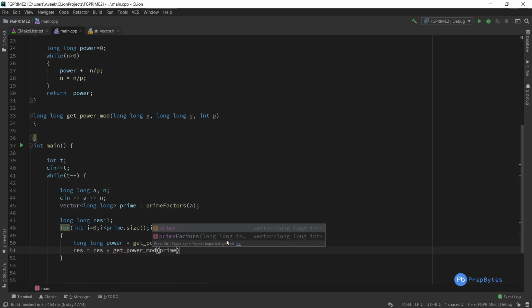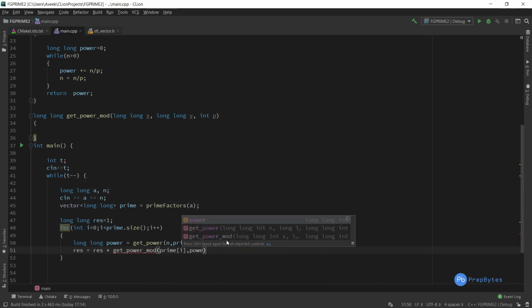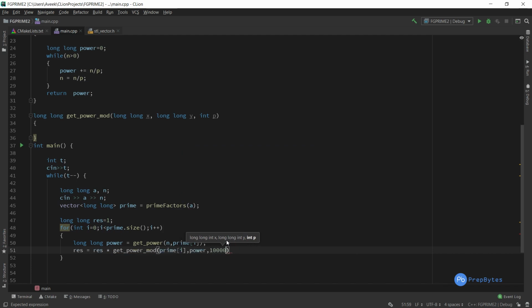So whatever the prime value was, to the power of what we have calculated, with the mod value, that is 10 to the power of 9 plus 7, so 1000000007. We are going to mod whatever the multiplication is with 10 to the power 9 plus 7 as well. And finally we are going to print the result.